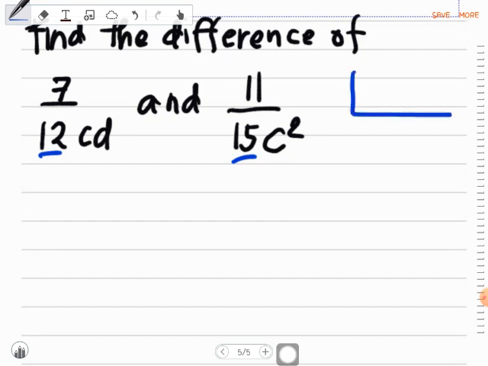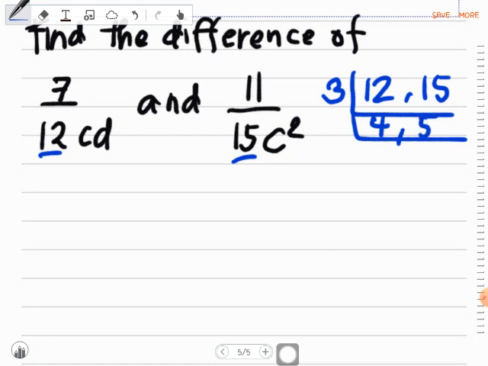Para mas madali, pwede kong ituro sa inyo ang process na ito. Ang target natin, sila parehong maging 1 sa huli. So, pareho silang divisible by 3. 3 divide 12 is 4, and 3 divide 15 is 5.